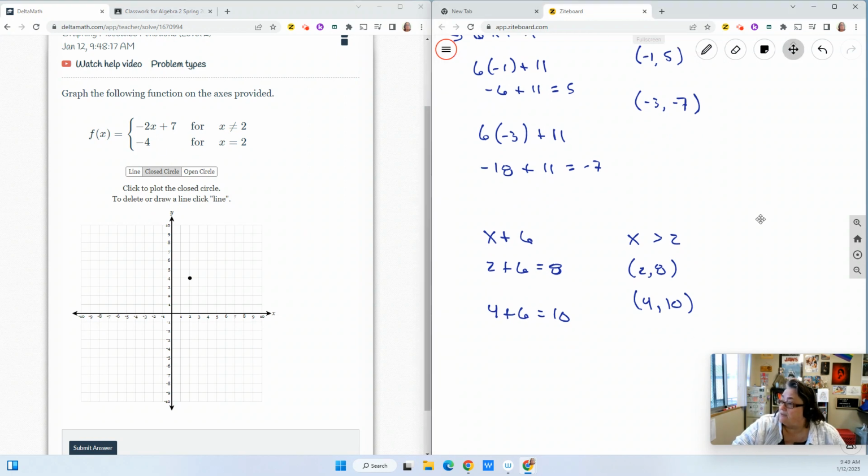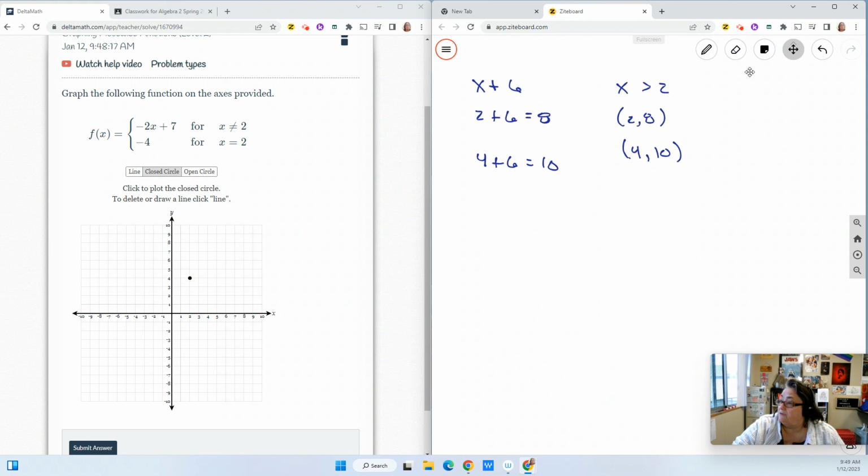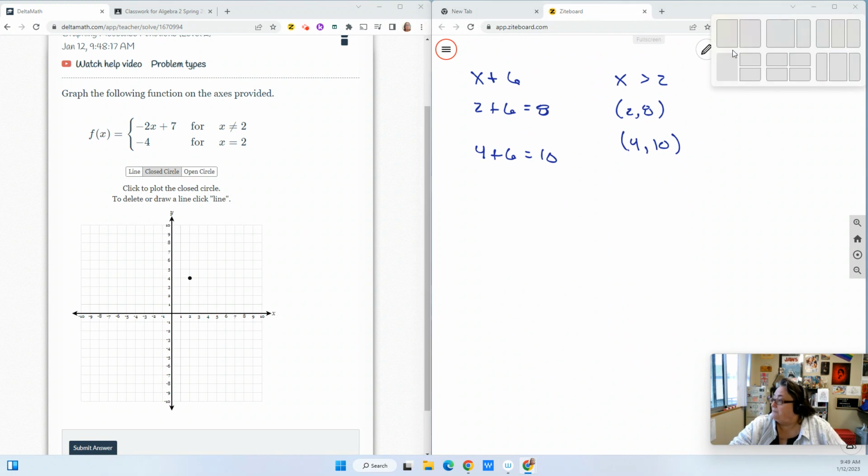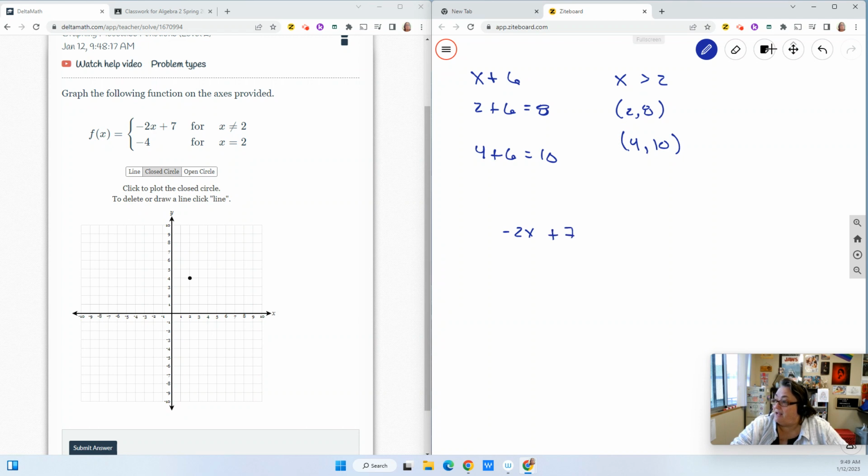Let's look at the second part of the top equation on this, though. As long as I have it here, we might as well graph both of them. So we have -2x plus 7 as our equation for anything not equal to 2. So let's go with -6.